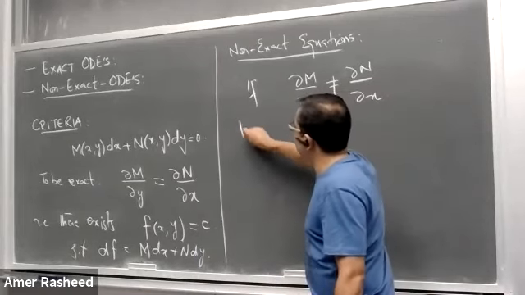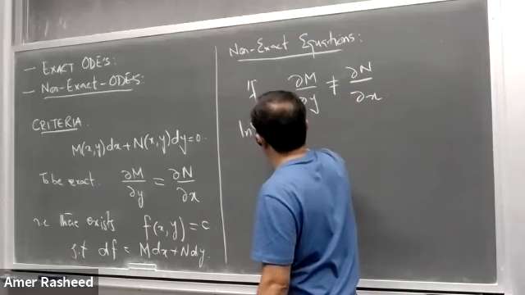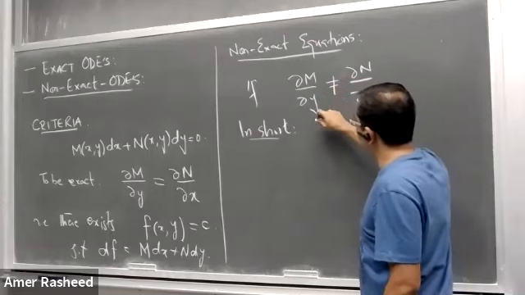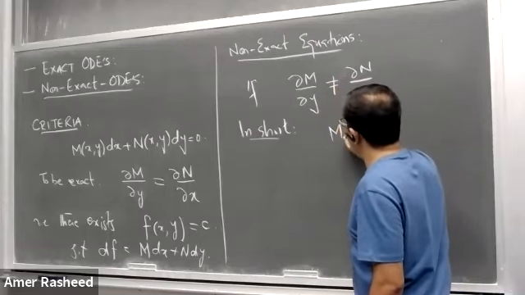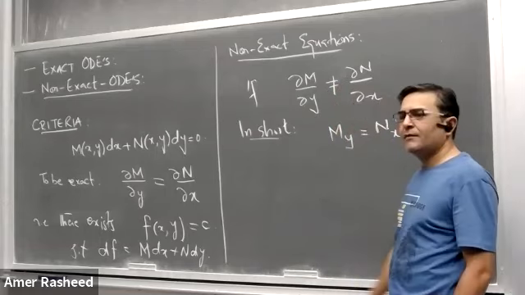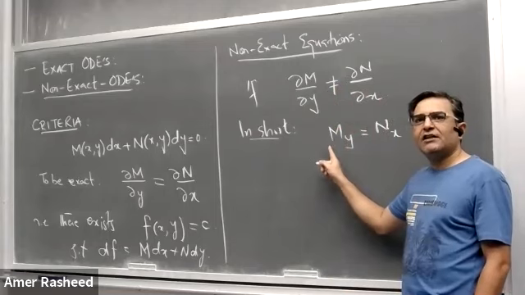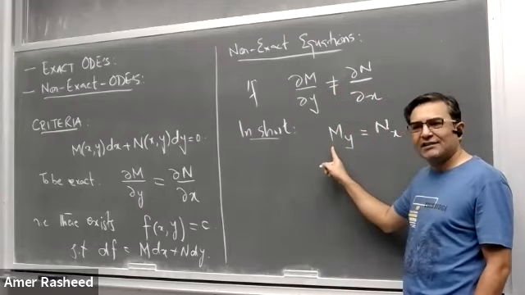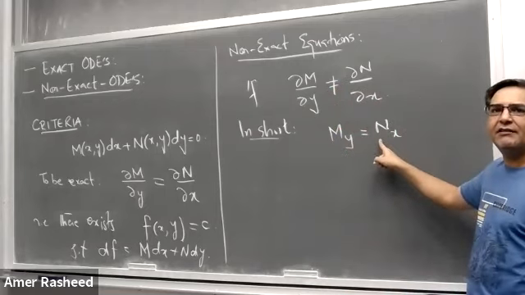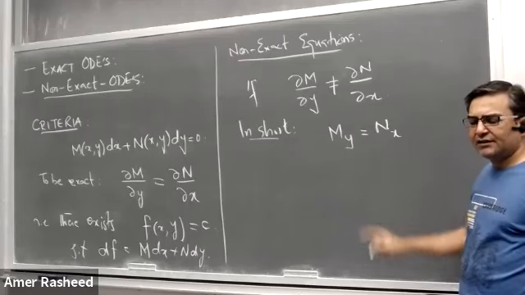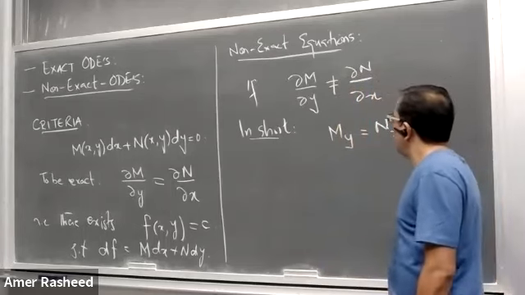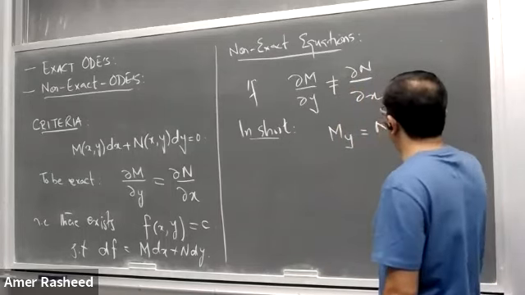In short, in another notation, we can write this as M_y should be equal to N_x. The subscript with M denotes the partial derivative of M with respect to y, and N_x means the partial derivative of N with respect to x. This is the partial derivatives notation. So I hope you know it.